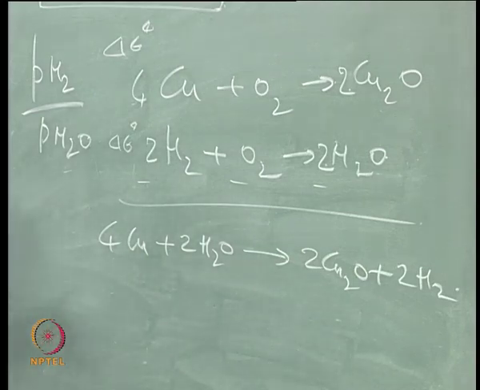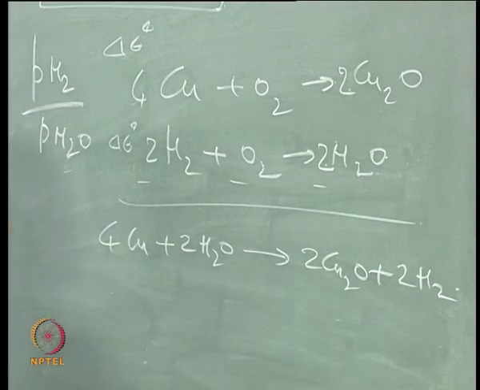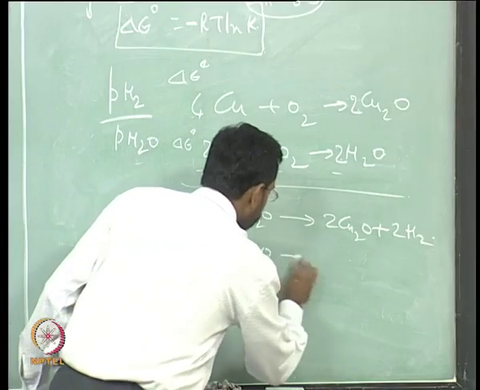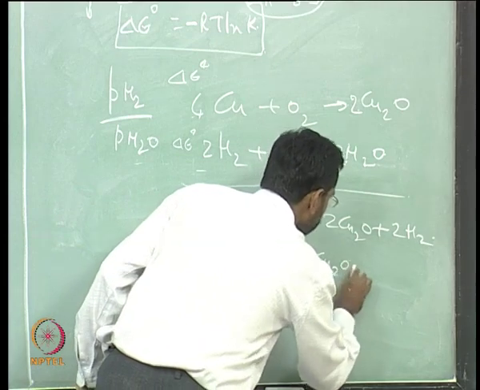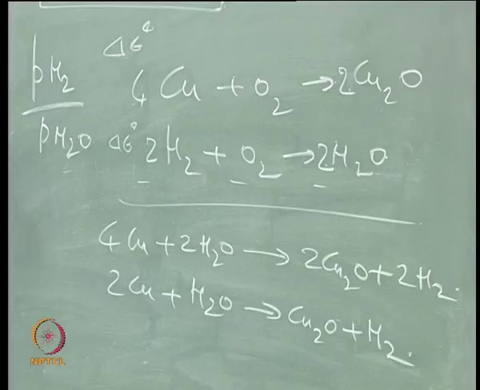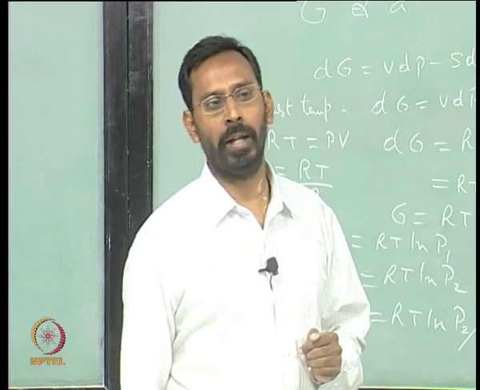Because you can see there are 4 moles and 2 moles on both sides, I can simplify it: 2 Cu plus H2O gives you Cu2O plus H2. Whenever I am dividing by 2, obviously the delta G of the reaction also has to be divided by 2; this has to be kept in mind.